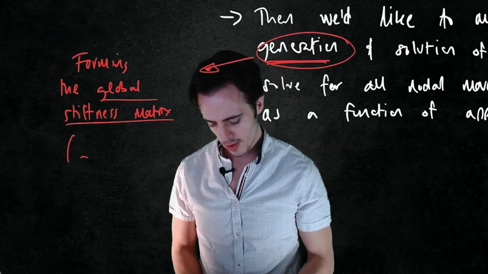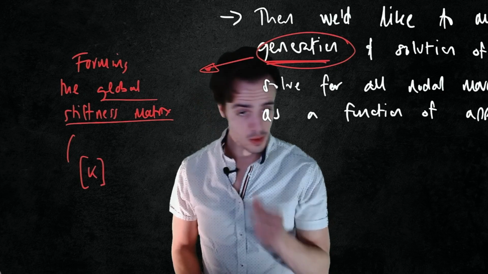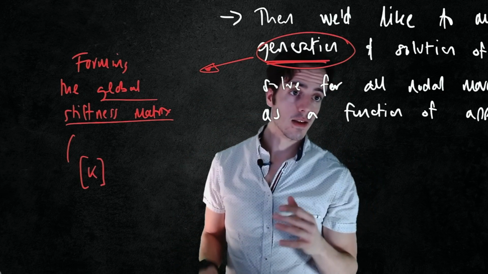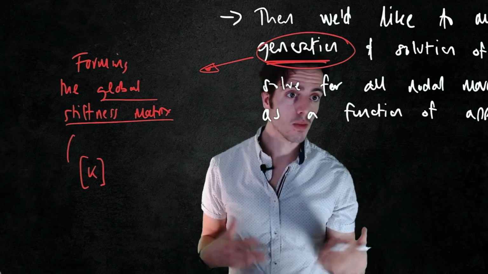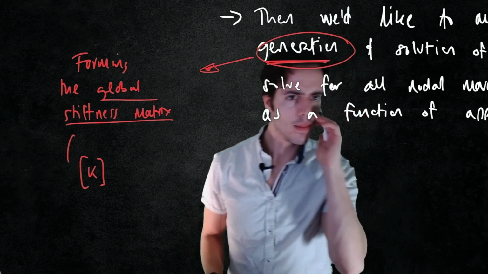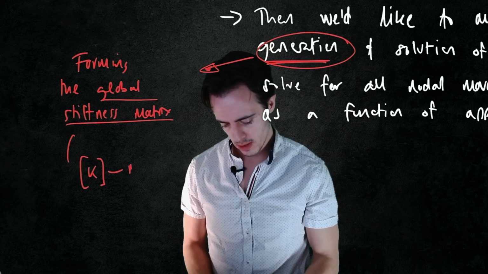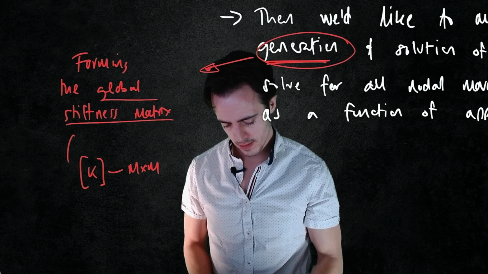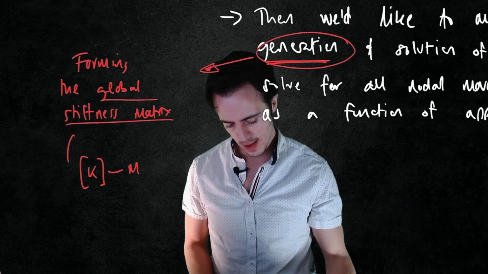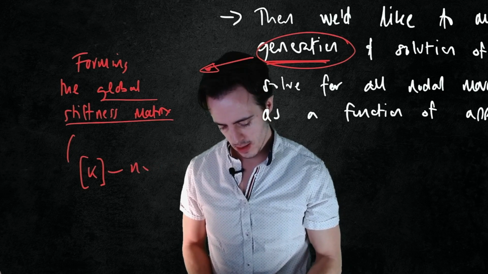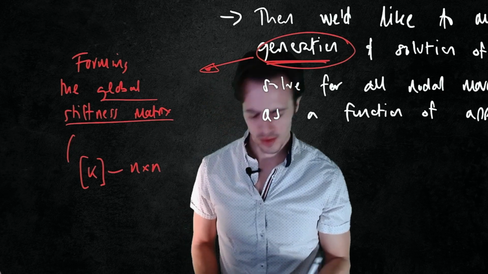This is a big matrix, which we give the symbol K, and it is a square matrix n by n, or let's say m by m, where m is the number of nodes. Sorry, I should say n really, because m is members, so we'll say n.